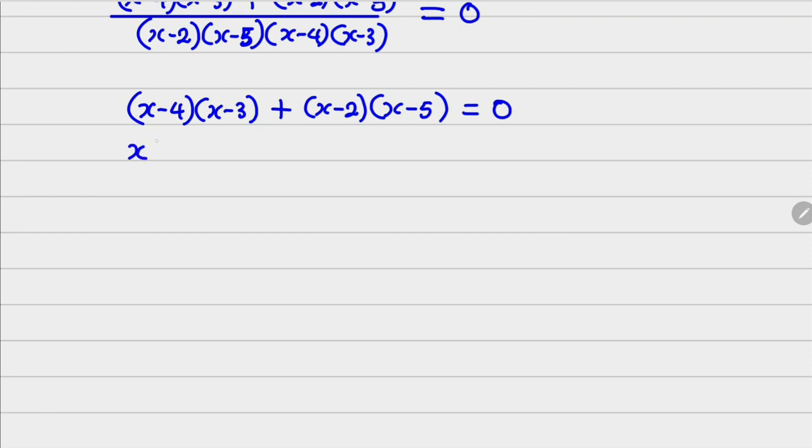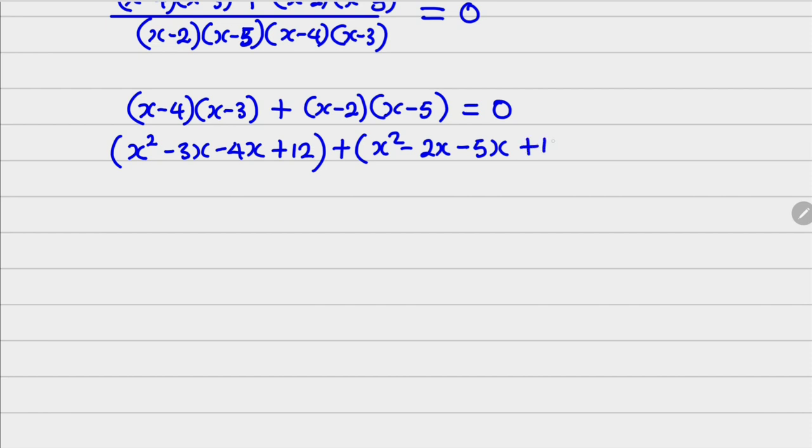Of course, this is going to be x squared minus 3x minus 4x, then I have plus 12, then plus, what I'm going to have here is going to be x squared minus 2x or minus 5x, whatever it is, then minus 5x, then of course I'm going to have plus 10. Everything is equal to 0.